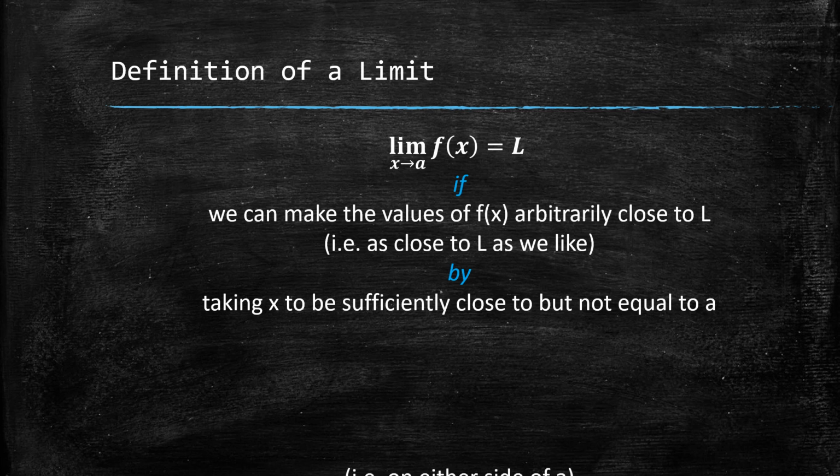So if we can make x sufficiently close to but not equal to a, on either side of a, as x gets closer and closer to a, if f gets closer and closer to a finite value L, the limit exists.